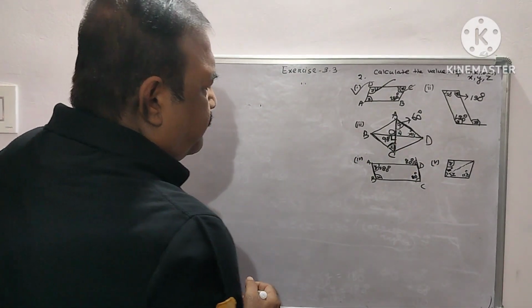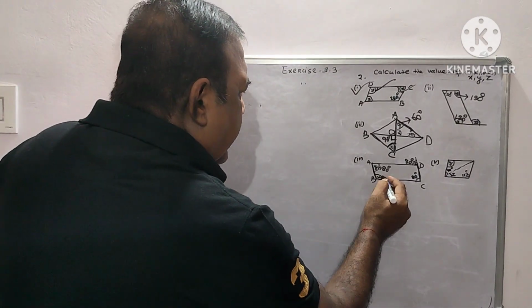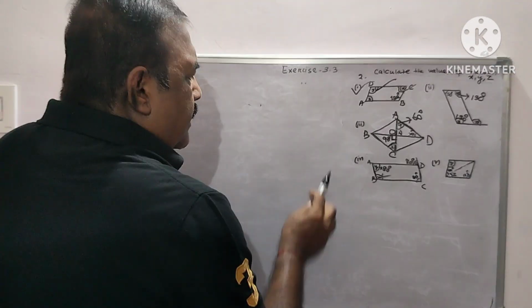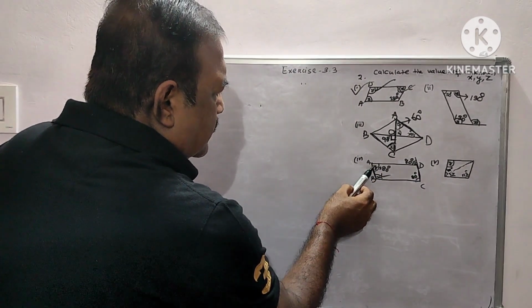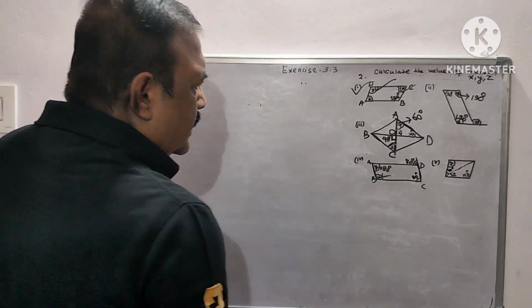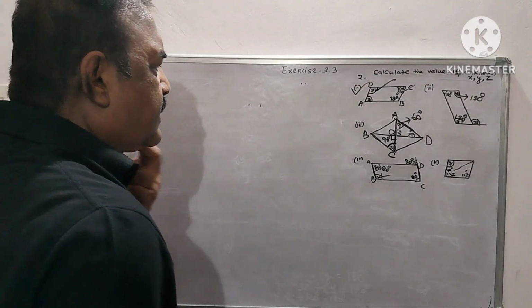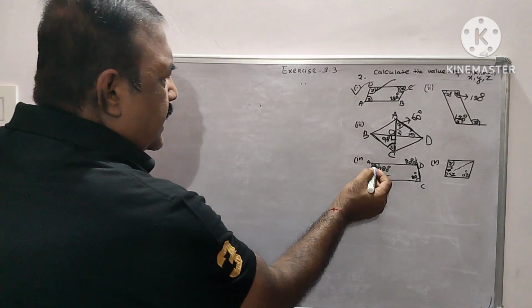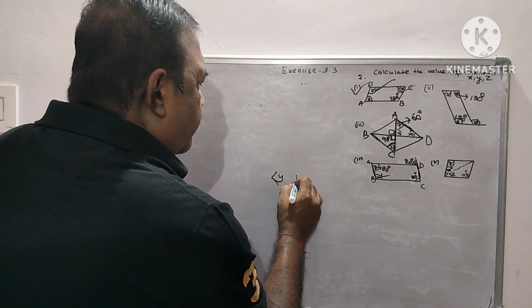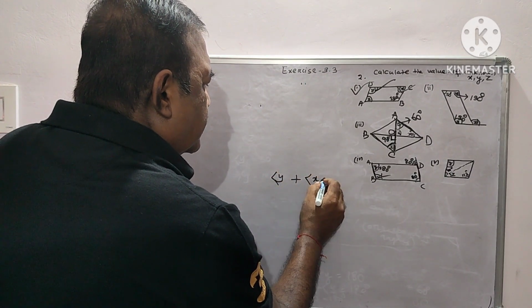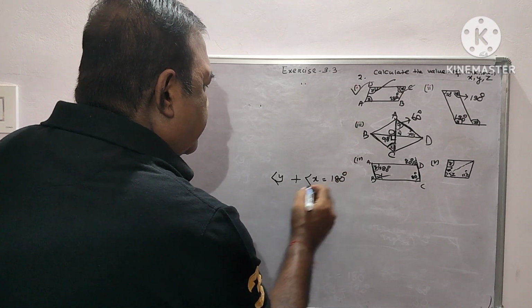And you see, what is the angle x here? So you see, this side is parallel to this side, this is the transversal. So this angle and this angle both are interior opposite angles. So the sum of the interior opposite angles is equal to 180 degrees. So you may write angle y plus angle x is equal to 180 degrees.